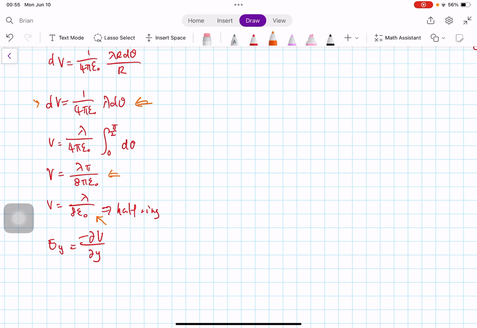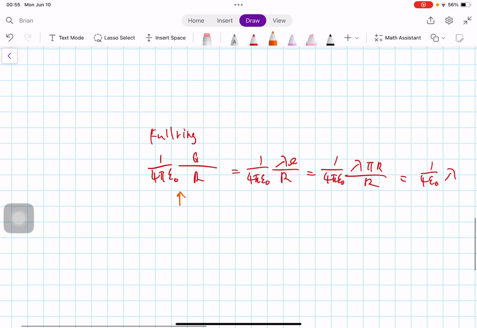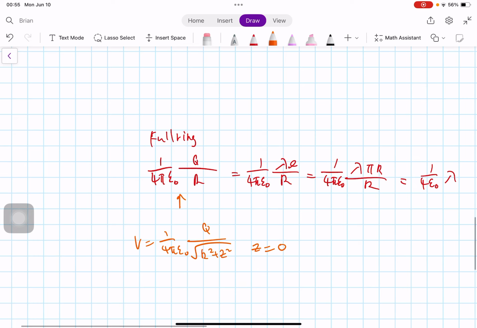It is really interesting because I don't have to go through the whole process. Instead, I could just use the formula that I have for the ring. This one is the full ring. The full ring has the equation V equals 1 over 4 pi epsilon naught times q over the square root of r squared plus z squared, where this time z equals 0.